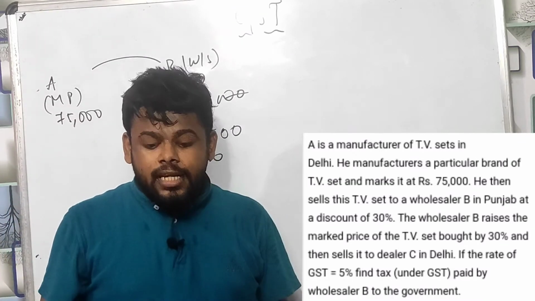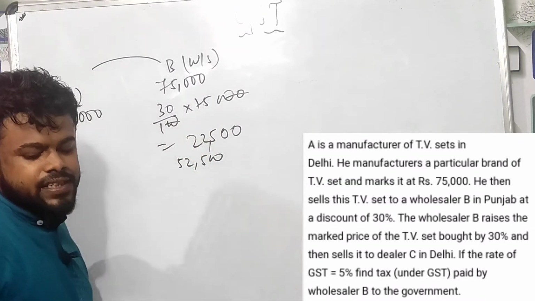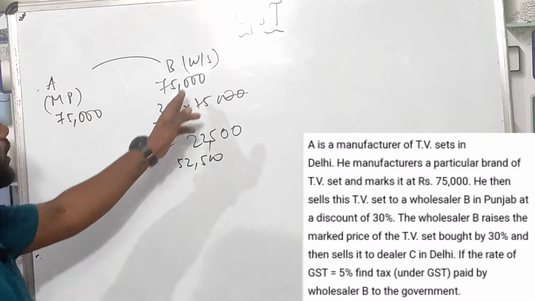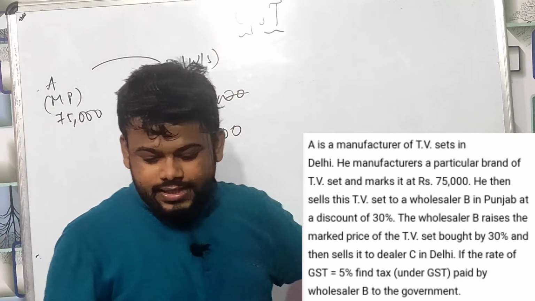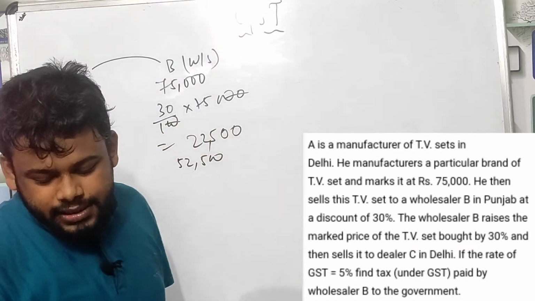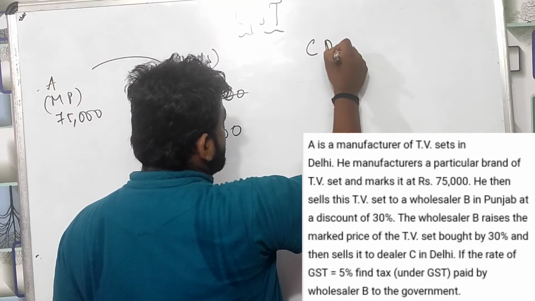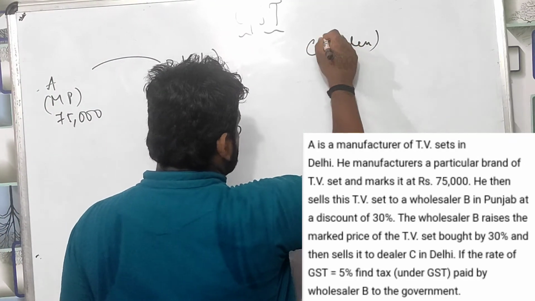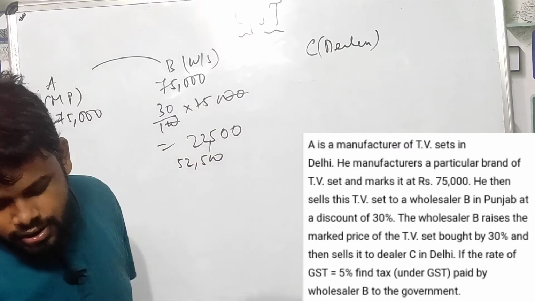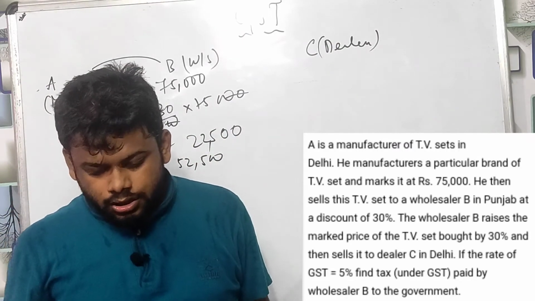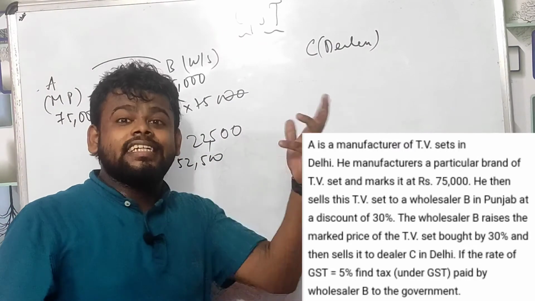The wholesaler B raises the MP of the TV set bought by 30% and sells it to a dealer C. C is a dealer in Delhi.